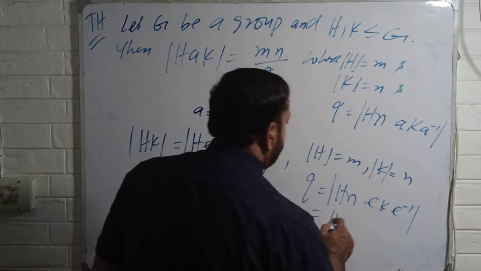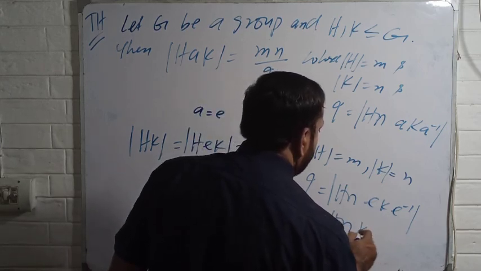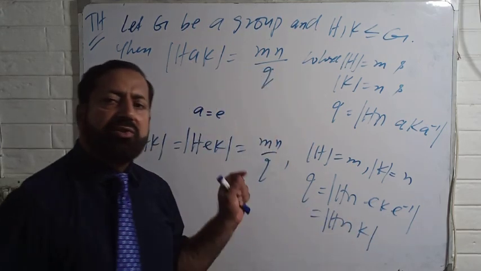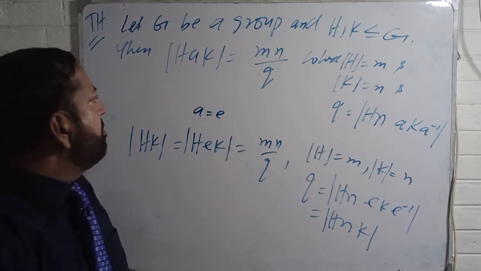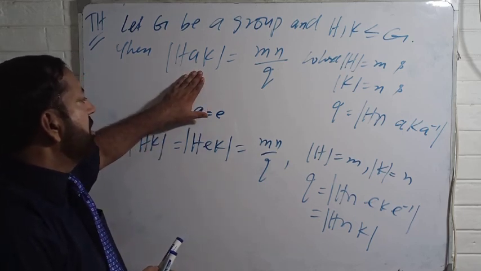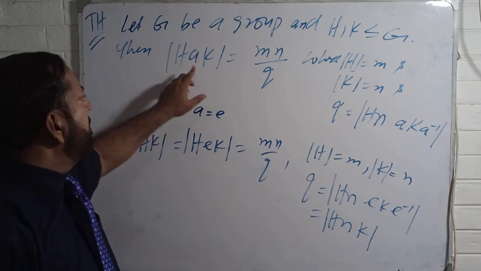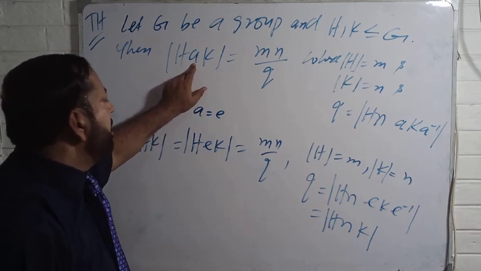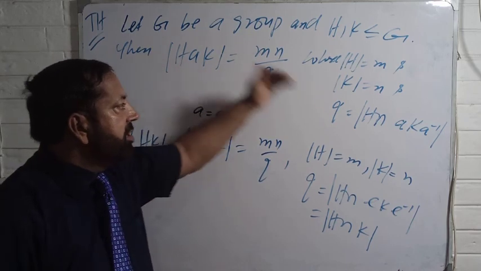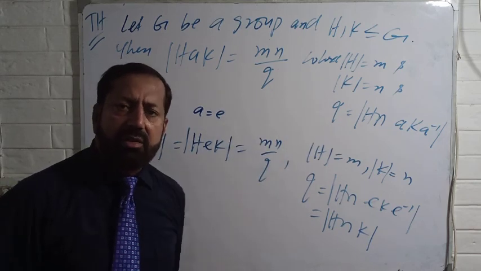This is H intersection K. You are getting the same result. So this is a more generalized result, and that was the special case when you are substituting E instead of A.